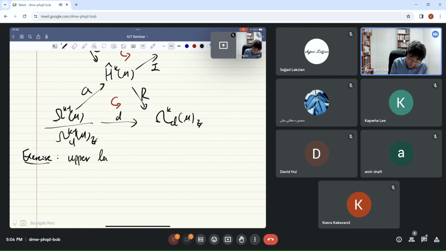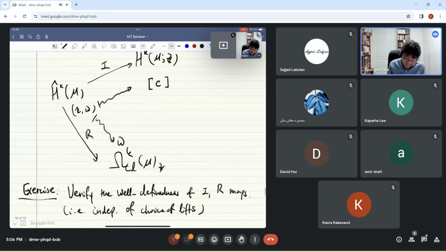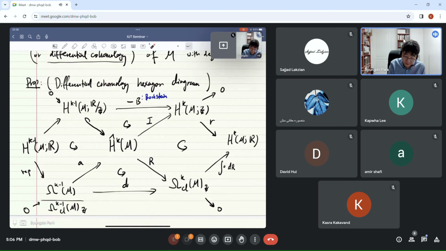Upper, lower sequences are long exact sequences. One way that you can easily check that is that, you know these diagrams commute, right?